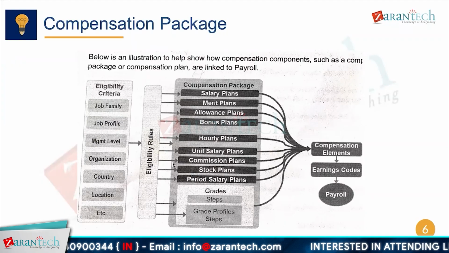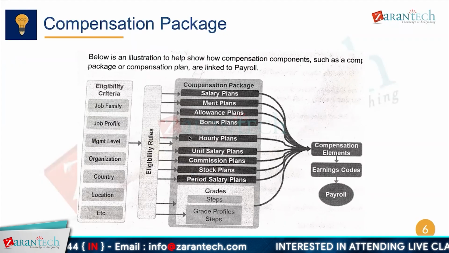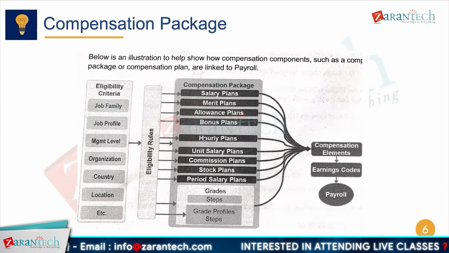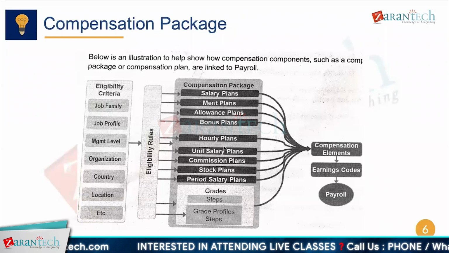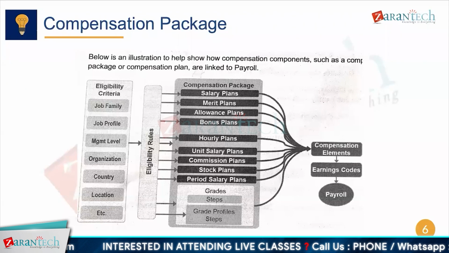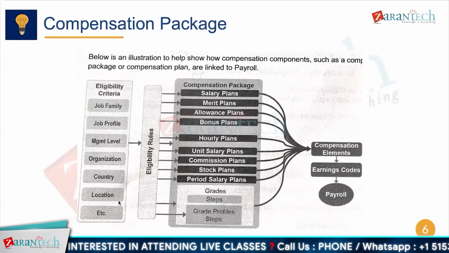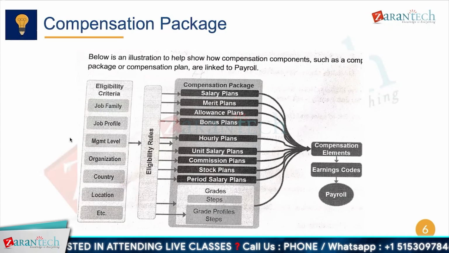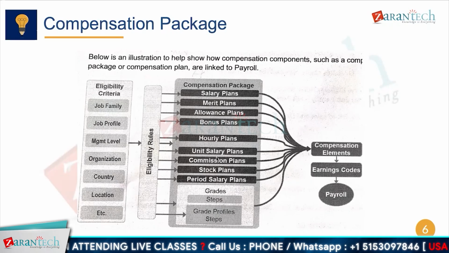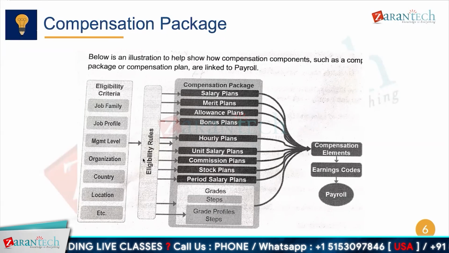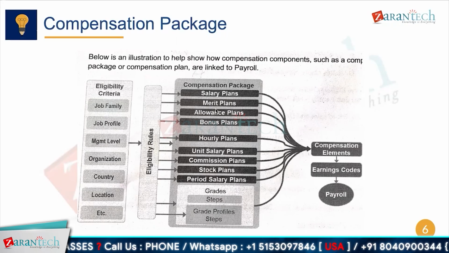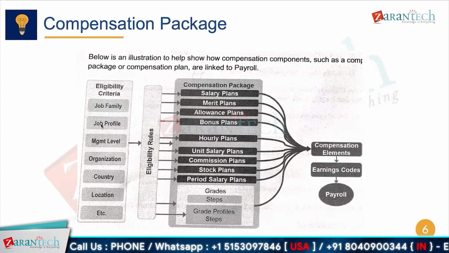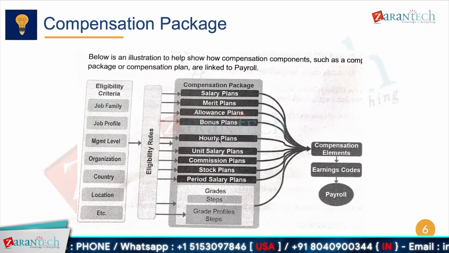These are a few examples. Maybe some people work on an hourly basis, so we can have hourly plans and link them to particular jobs. It all depends. We have to define these things in the eligibility criteria, and we'll make rules based on what plan we want to link to a particular criteria.